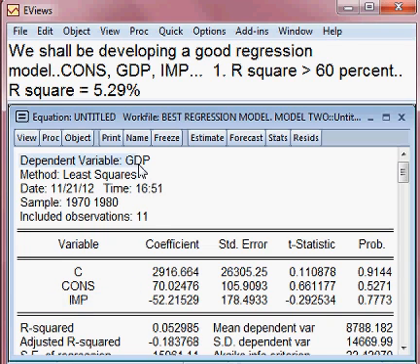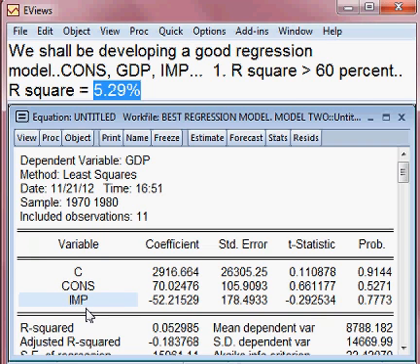So that means we can say it another way: 5.29% variation, meaning that fluctuation of GDP can be explained by two variables jointly, such as consumption and import.